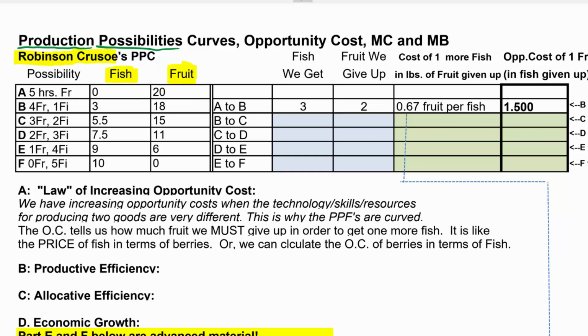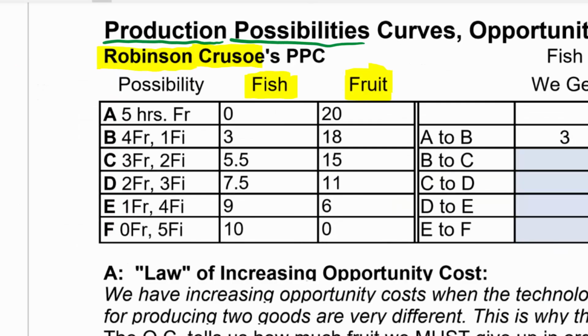And what we're doing in this table is just listing all the possibilities. So I've listed 6 possibilities here, going from A down to F. And the possibilities for Robinson Crusoe, we're assuming here that he's an old man and he can only have the energy to work for 5 hours a day collecting food.